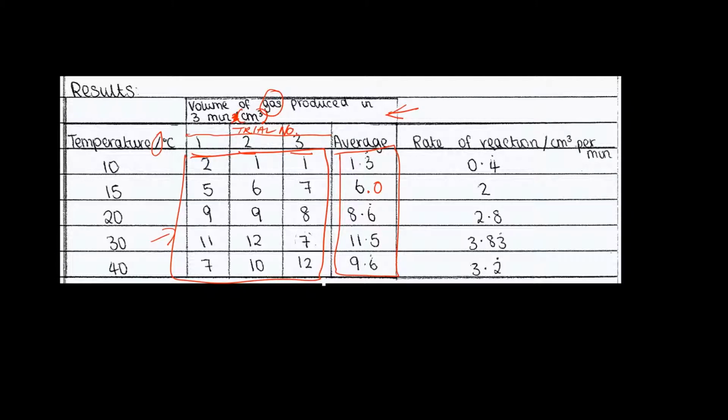Now, the rate of reaction is a calculation from the average. It's not the same as the other data. So although good practice would mean that it would be expressed to one decimal point as well, it's not absolutely vital. But what is vital, if you look here, is that you've got all sorts of different levels of precision.